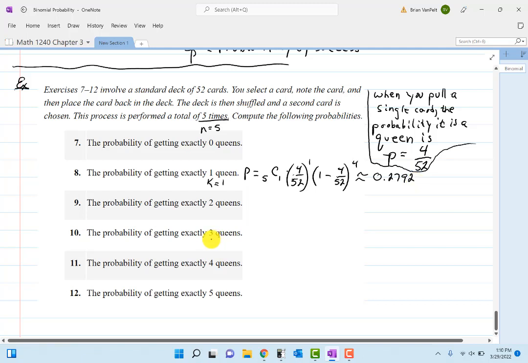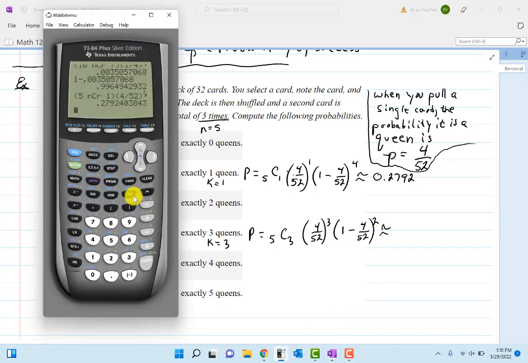All right, let me move on to 3 queens. K equals 3. Then P will equal 5C3 times 4 over 52 to the 3 times 1 minus 4 out of 52 to the 2. And this will be easy because all I need to do is come right back up here, just edit this guy.